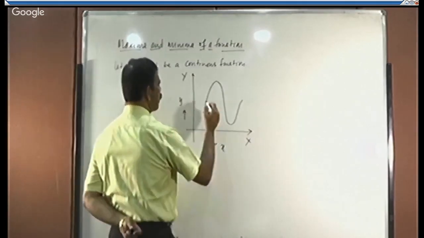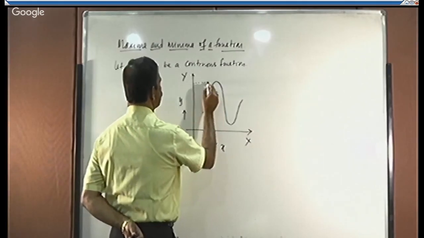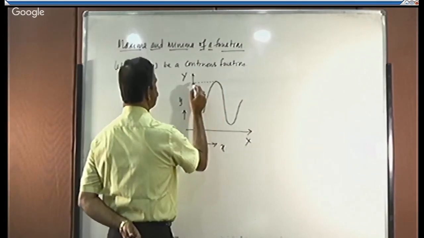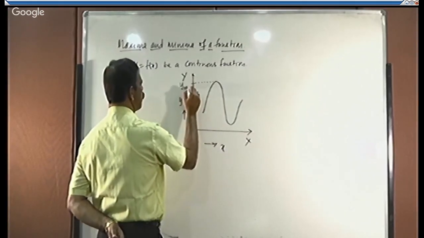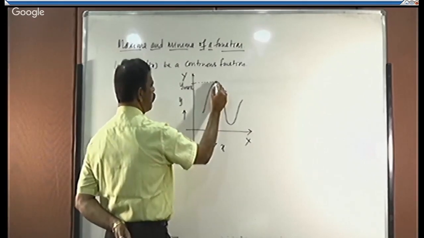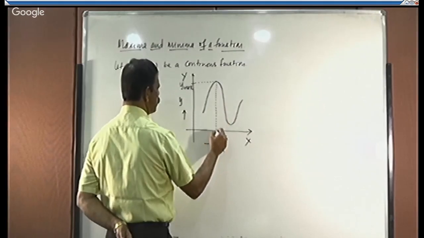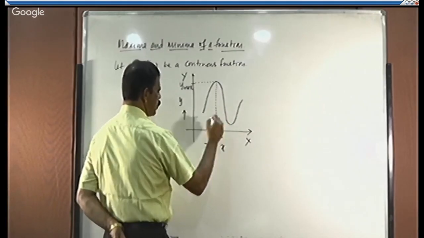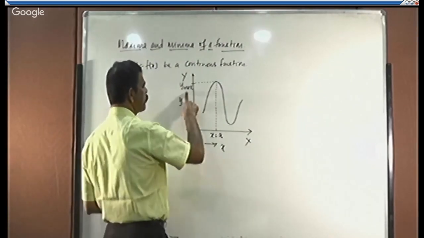See this graph, this is the peak, right? This value along the y axis is called y maxima. This is the ultimate value of the function which is obtained for x is equal to a. At a particular value of x, y has a maximum value.